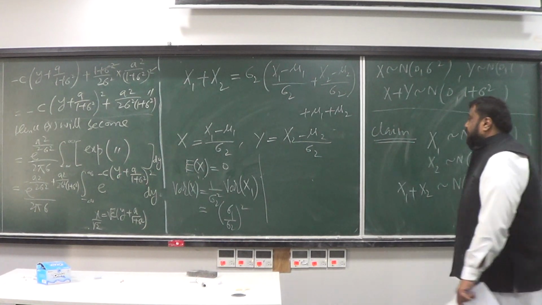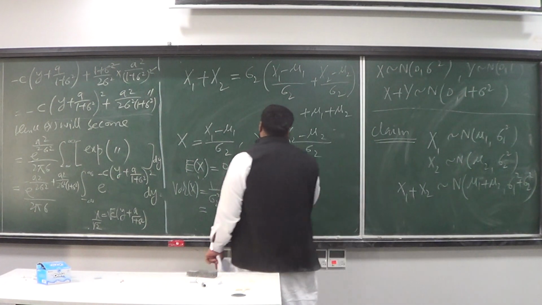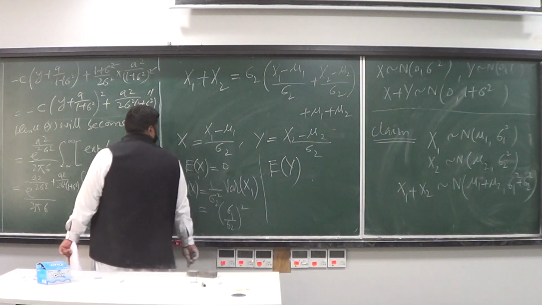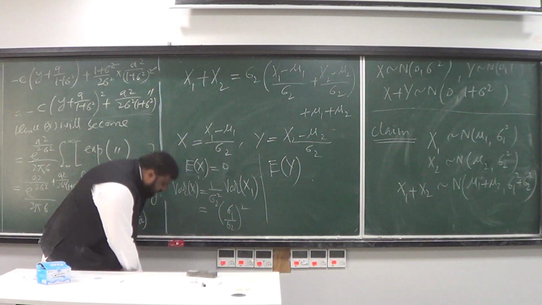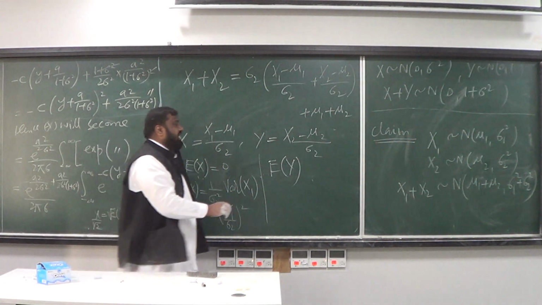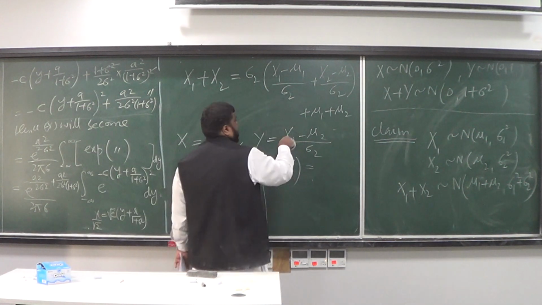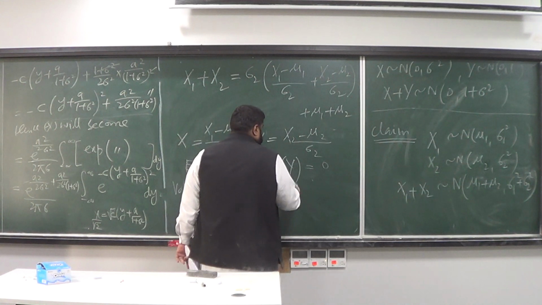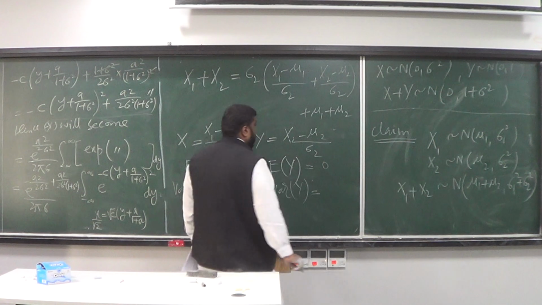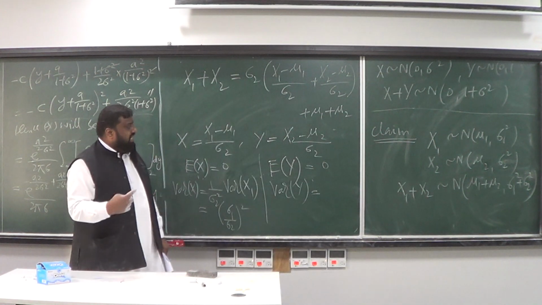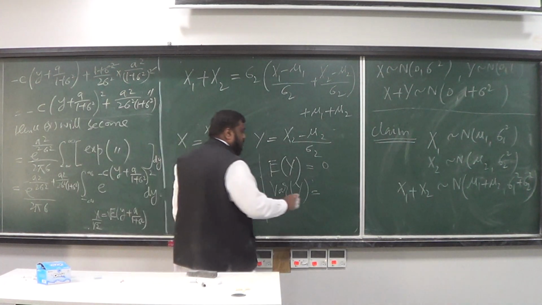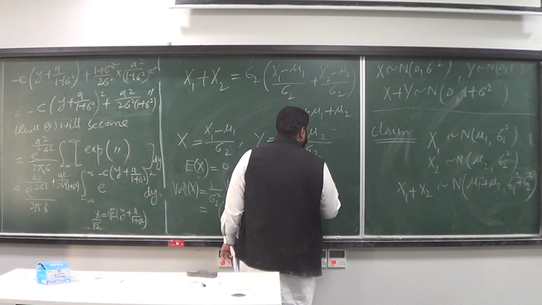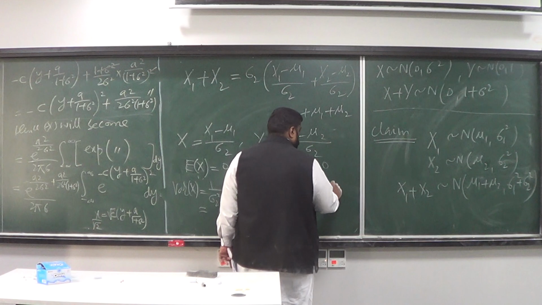Let's compute the expectation of y. You're going to get again 0, because this is the expectation of x2 minus mu2. And if you compute the variance of y, you're going to get 1 over sigma 2 square times the variance of x2.